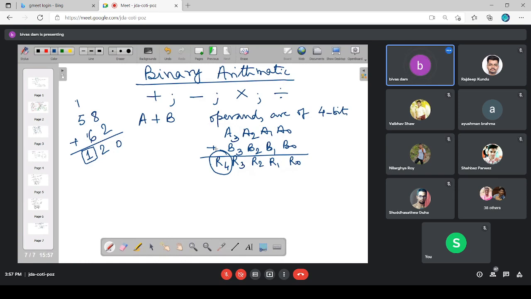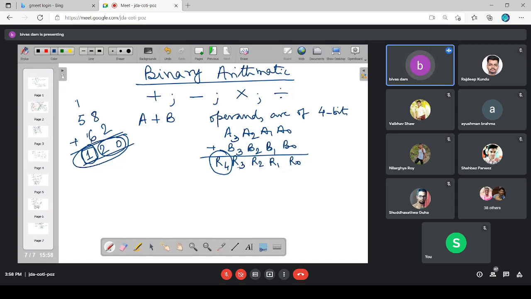So the overall sum involves the final carry and the 4 other sum bits. As in this case, the result of the 2-digit addition is 1 carry digit, or the final carry digit, along with a 2-digit sum. So the result is 120.